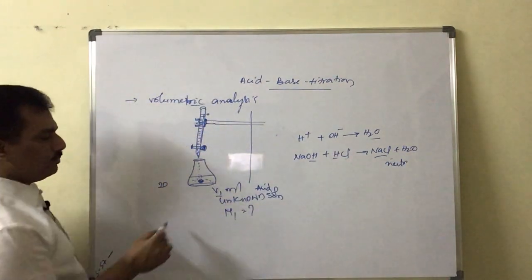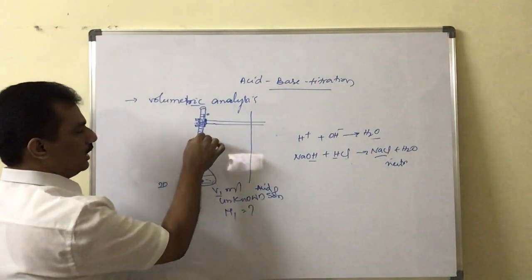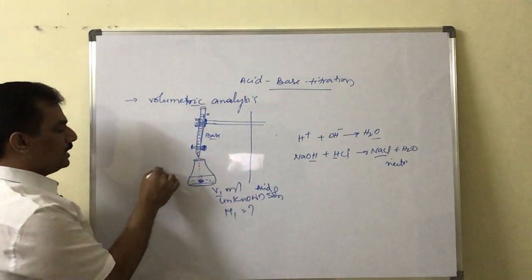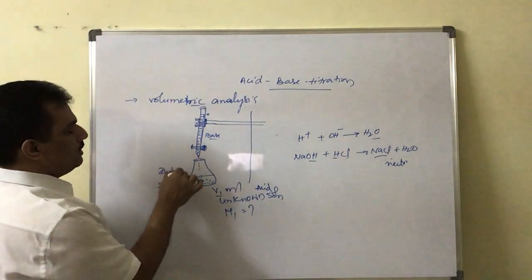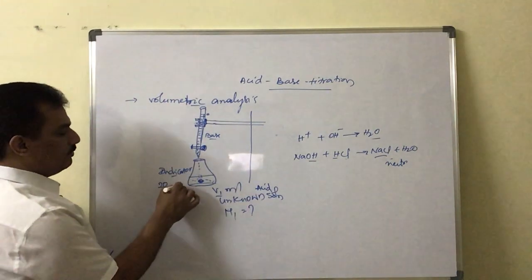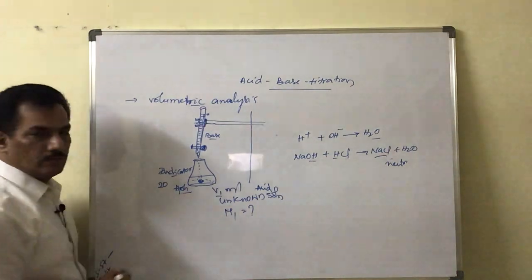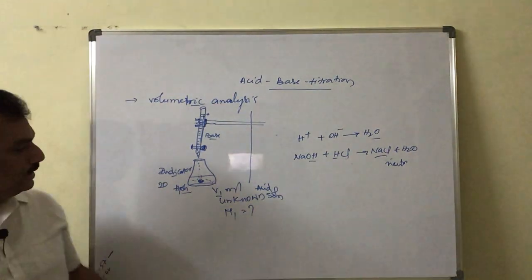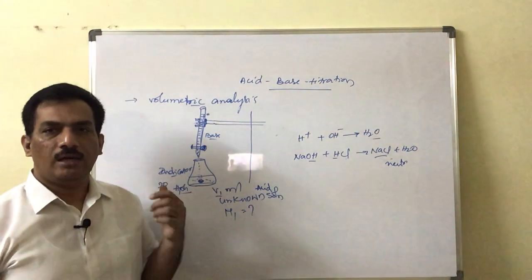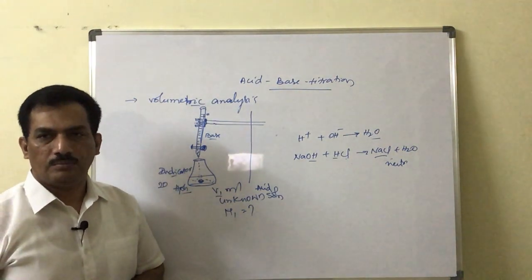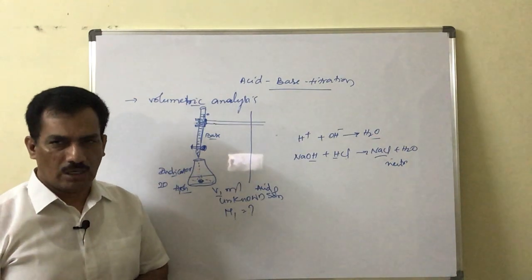In the beginning, with the acid and the base, if we are using an indicator, for example phenolphthalein indicator, one of the best examples of an indicator, it is added to this. Phenolphthalein in acid medium gives pale yellow color, or almost no color.